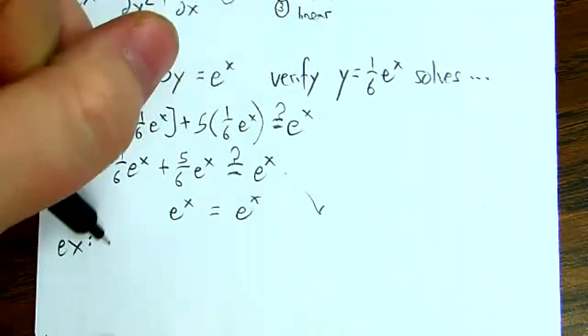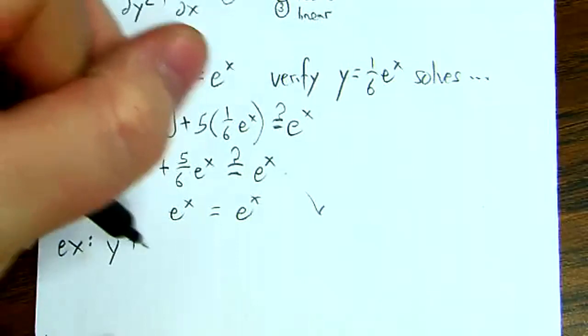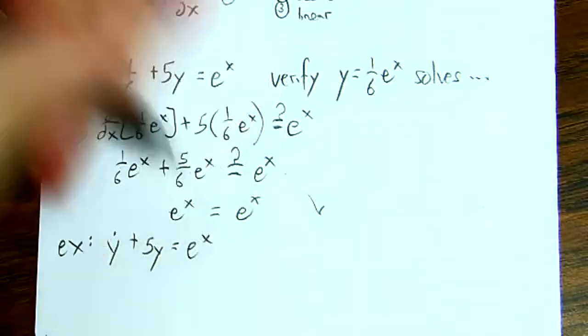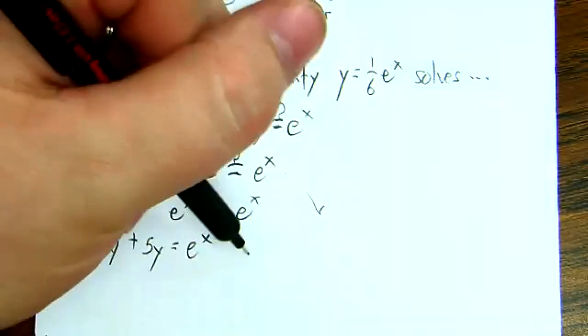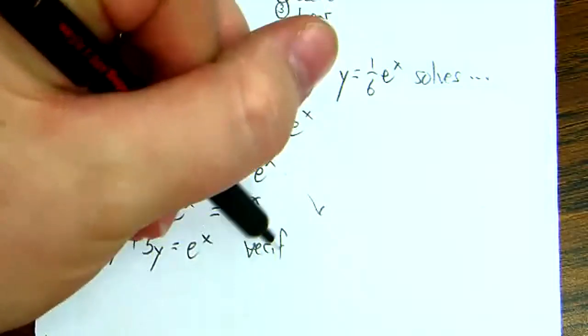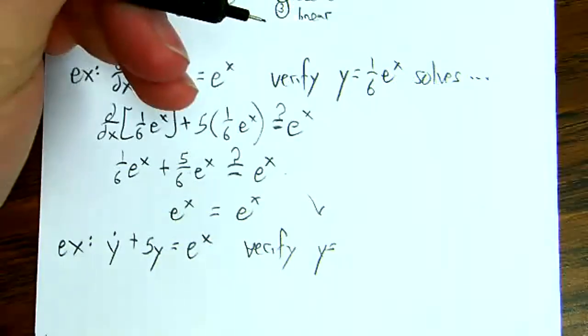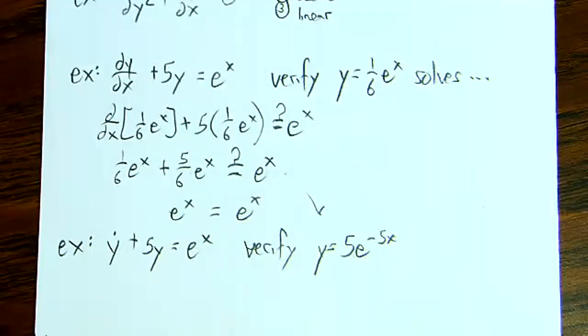Maybe we want to take this same differential equation, y dot plus 5y equals e to the x, and maybe we want to verify that y equals 5e to the negative 5x solves this differential equation.